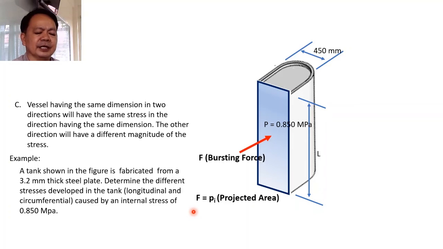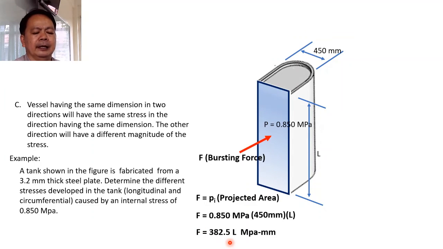Kaya yung ating bursting effect shall be equal to the pressure inside multiplied by the projected area, and when we substitute the value, it is equal to 0.85 multiplied by 450 multiplied by the length L. If this is simplified, I have 382.5 L. The resulting unit, if this is multiplied, is still in MPa millimeter, but if this is simplified, this will yield a unit of Newton.